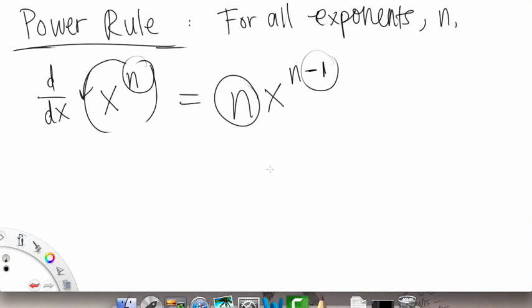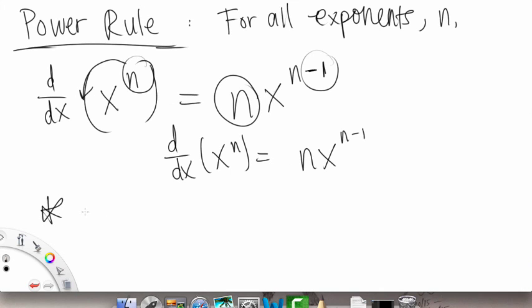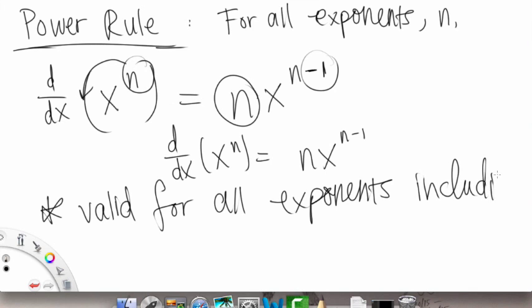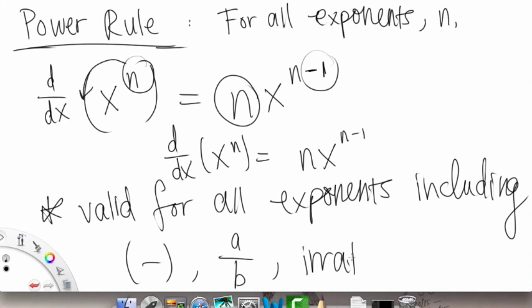This is kind of like a shortcut, so you don't have to go through the entire definition of the derivative process. I'll write the power rule down here without any marking: d/dx of x to the n power is n times x to the n minus 1. It's going to come in very handy, and this is valid for all exponents, including negative numbers, fractions, decimals, irrational numbers, and so on.